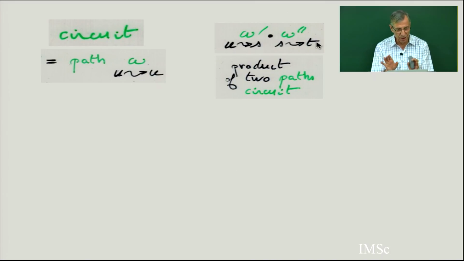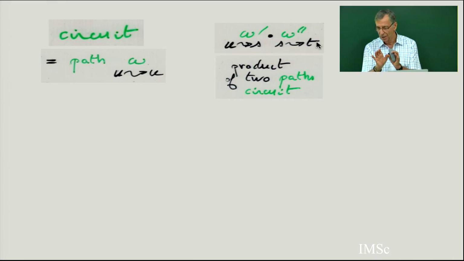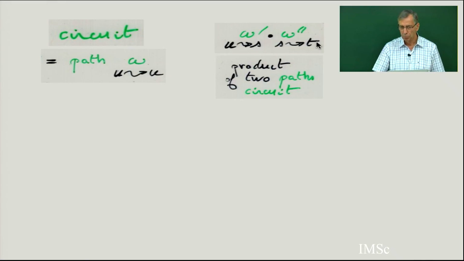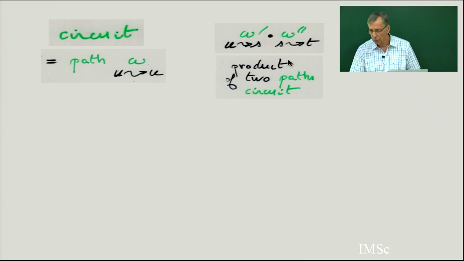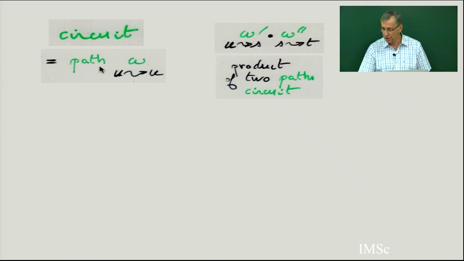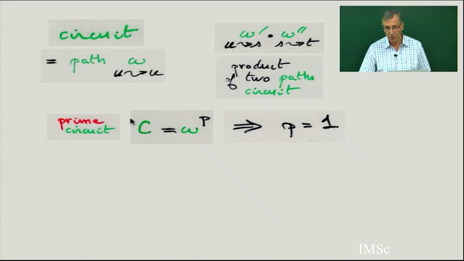You can concatenate if the ending point of the first path is the same as the starting point of the second one. This could have self-intersection; it's any path in general. If I have a circuit C, then omega going from u to u, I can take the power omega^p. It means I am following p times the same circuit omega.